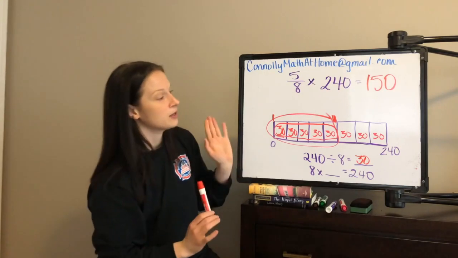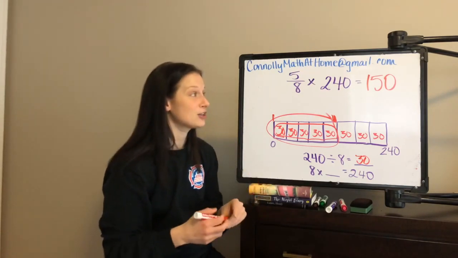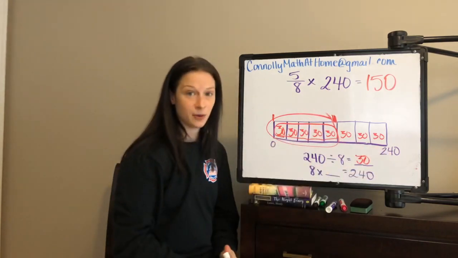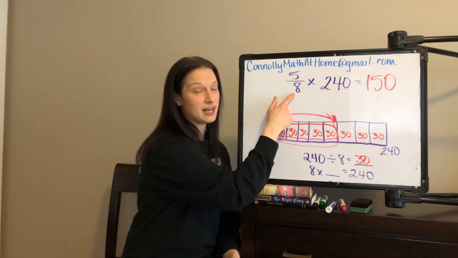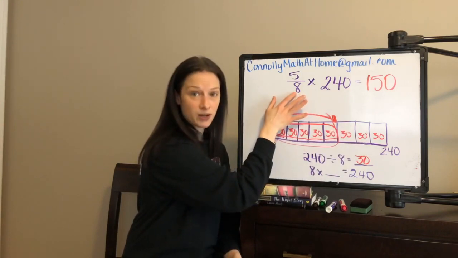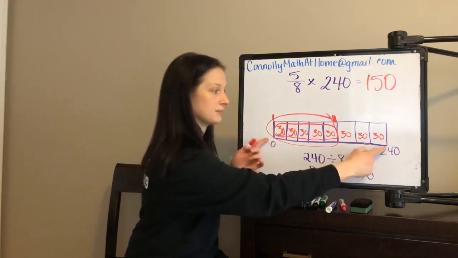All right, so what we did each and every time is we took the whole number and we represented that with a fraction bar. Then we thought about the denominator and we said that we're going to split this race into however many equal parts the denominator is telling you you're going to need. So we split that up.